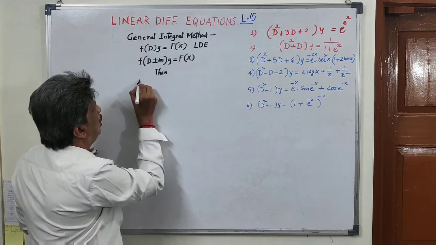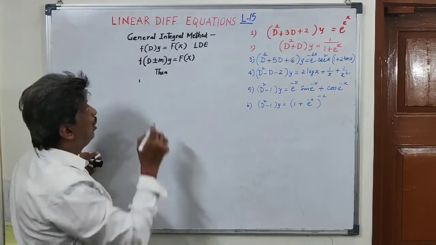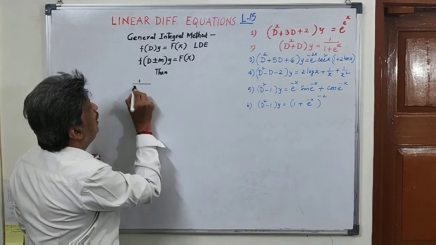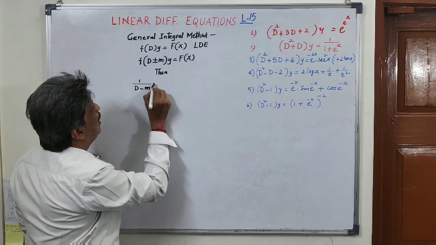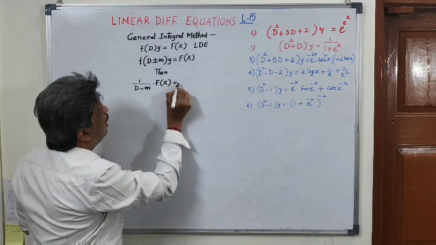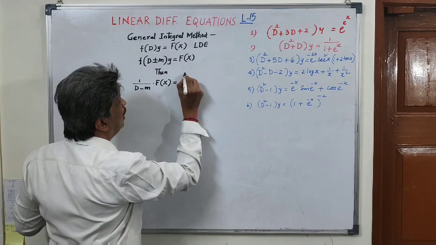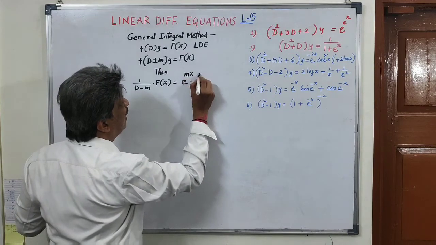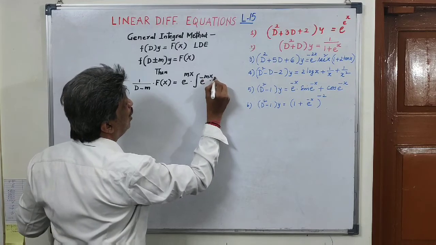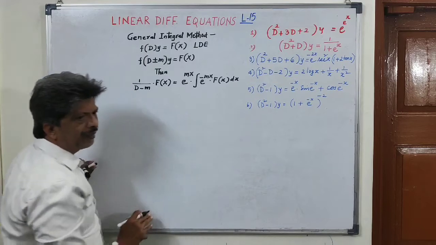note this, by virtue of the general integral method, 1 upon (D minus m) into F(x) is equal to integral e raised to power mx into integral e raised to power minus mx into F(x) dx.